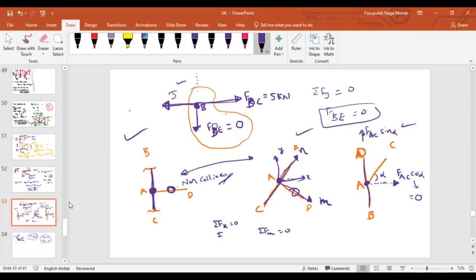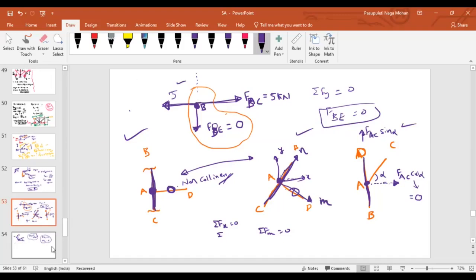If three members are connected at a joint, and out of those three, two members are collinear, just like these two are collinear, and just like this is collinear, and if there is no force acting at the joint, then the force in the non-collinear member will be equal to 0.